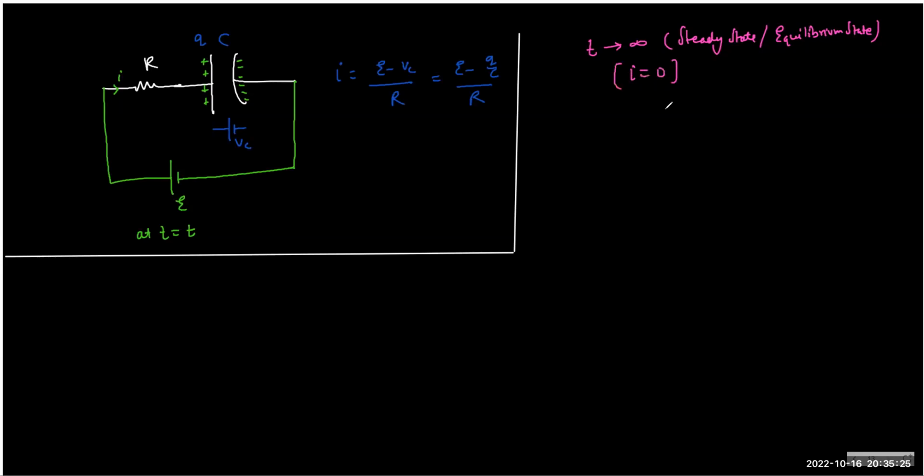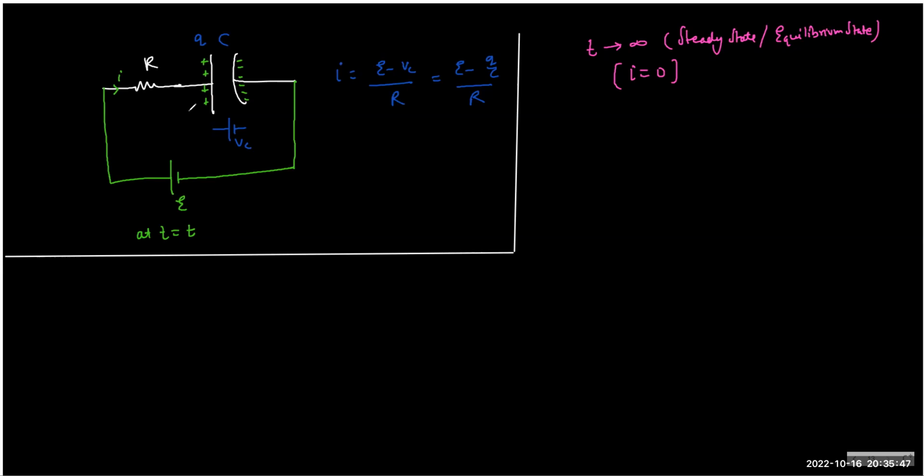Why? Because current means the plate keeps acquiring charge. If the current is zero, it means no extra charge can come, because of the repulsion of the capacitor and the cell EMF. You can think of EMF as a force, just like in Newton's laws of motion.